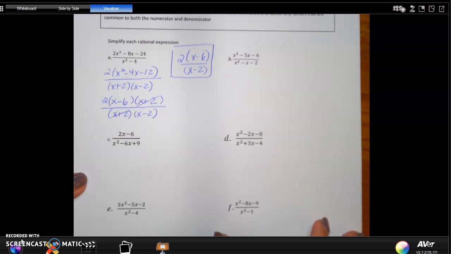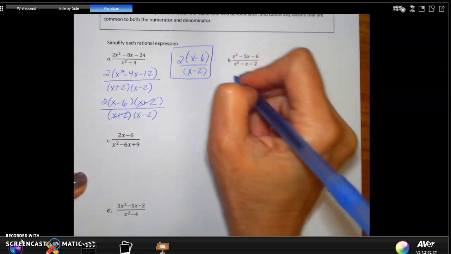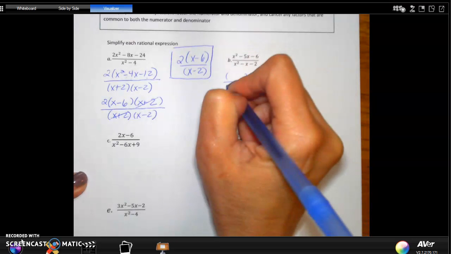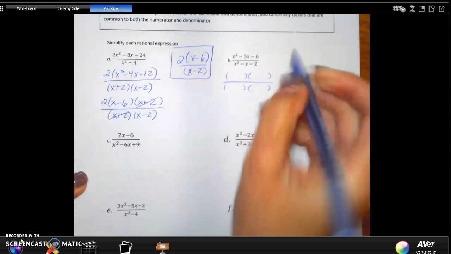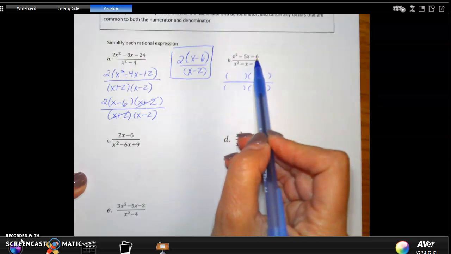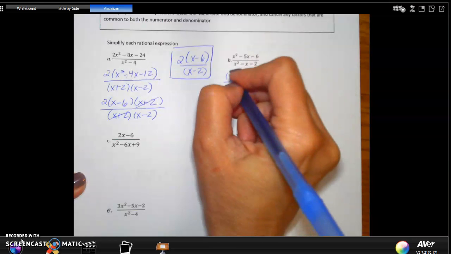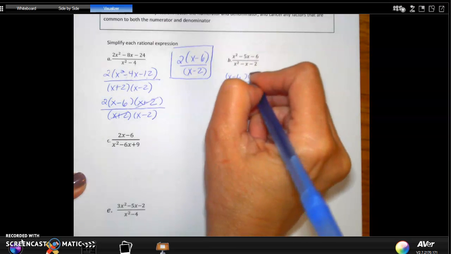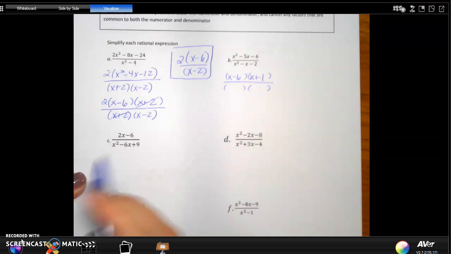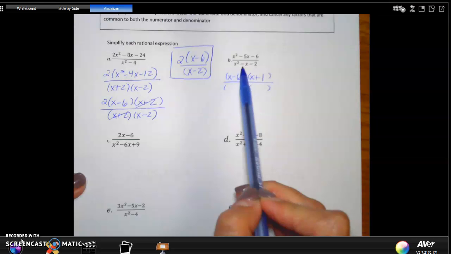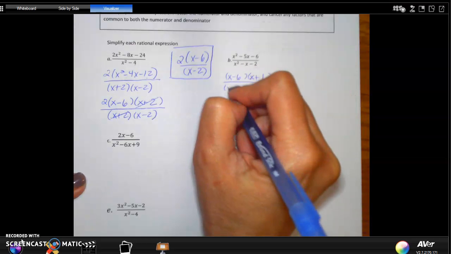So our next one, we're also going to factor into binomial pairs on the top and on the bottom this time. So here we need a negative 6, so we're going to use 6 and 1. And we need the 6 to be negative so that we end up with a negative 5. And then on the bottom, we're going to use a 2 and a 1, and we're going to need the 2 to be negative, so we end up with a negative 1 in the middle here.